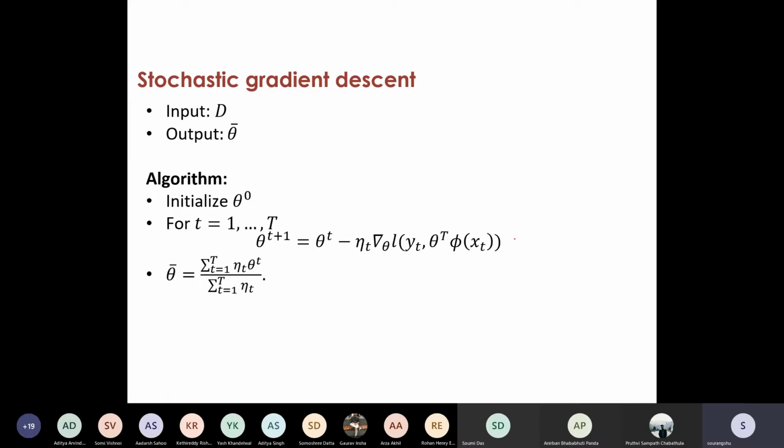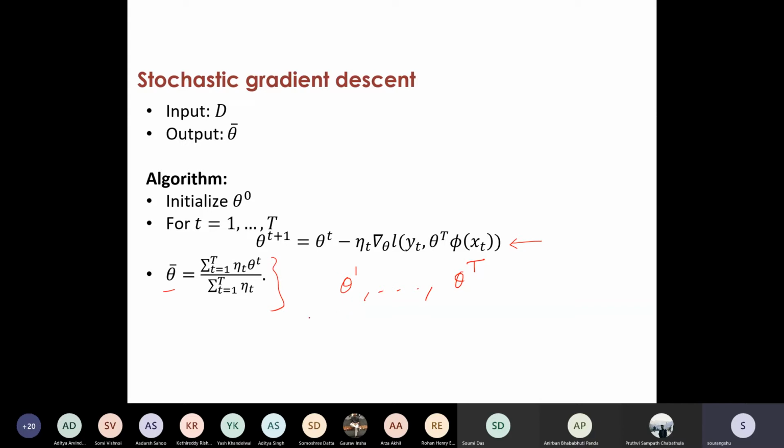We also discussed last time the algorithm, where the update is something like this. Then we are going to analyze this theta bar, which is the eta weighted average of theta t. You have all these theta 1 till theta capital T, the parameters generated by the algorithm.